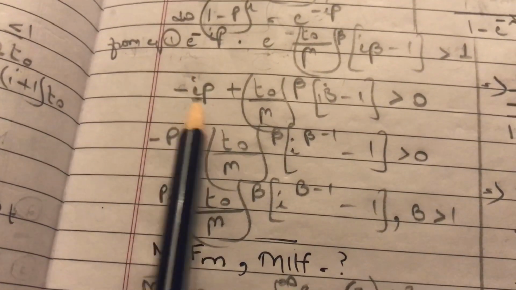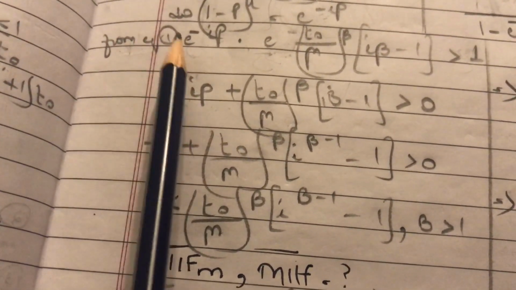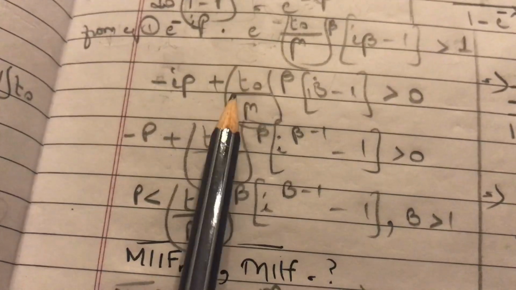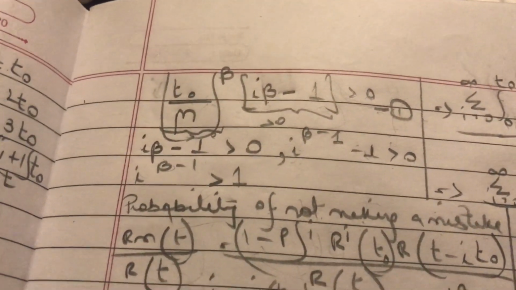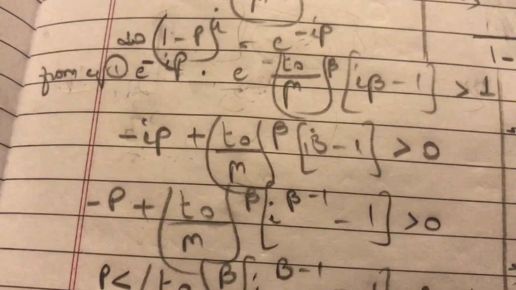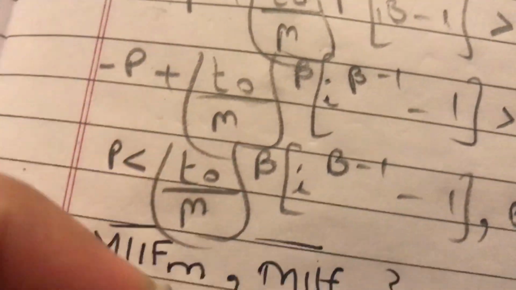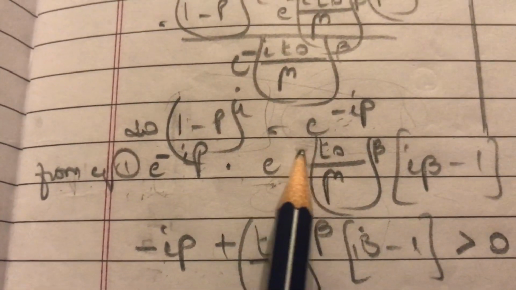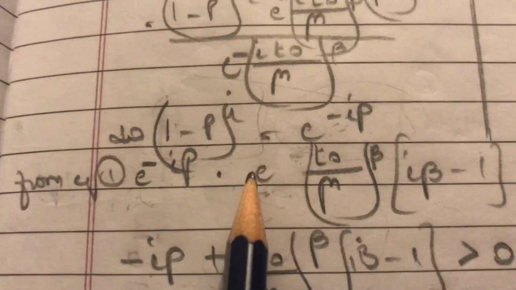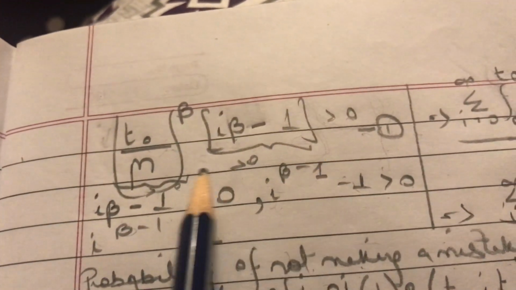So after representing it to greater than 0, these e's got neglected, and it comes here in the form of this: E at minus IP plus, it won't be minus, because here it is T0 at the eta. It's not minus here, no minus is present, don't get confused. It's the same equation we wrote here.